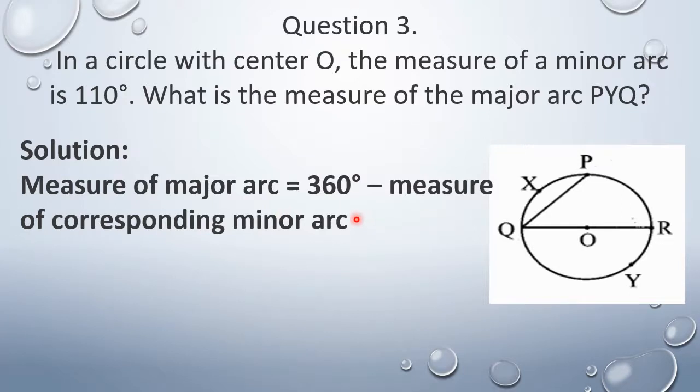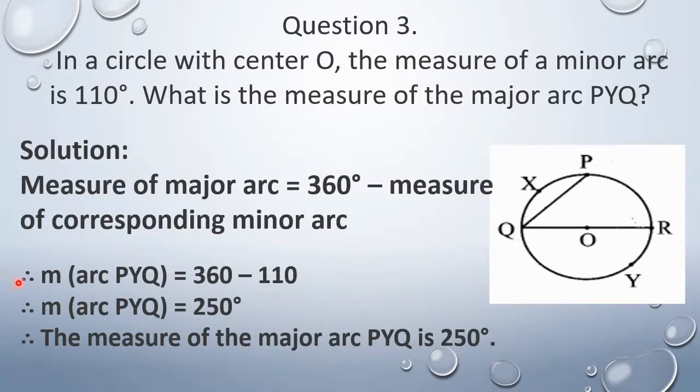The corresponding minor arc is already given in the question. So the measure of arc PYQ is equal to 360 minus 110. So the measure of arc PYQ is 250 degrees. Here in this diagram you can see PYQ is 250 degrees.